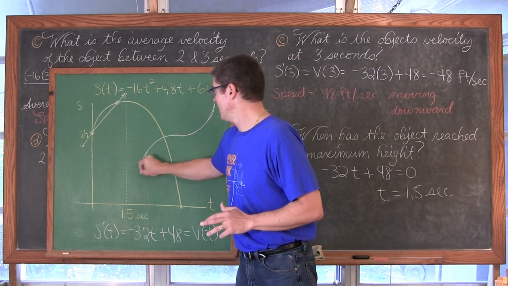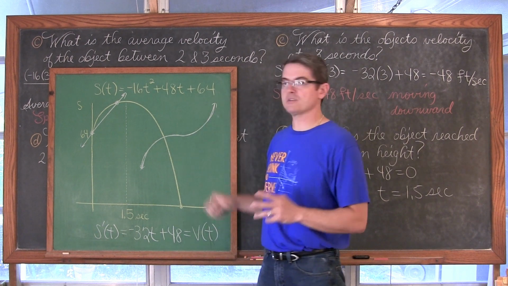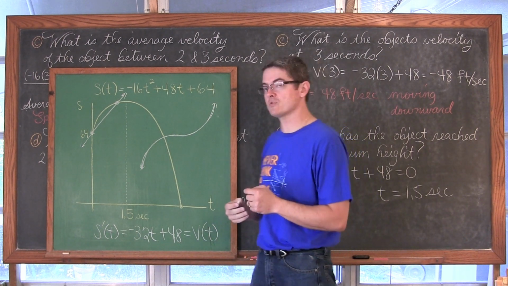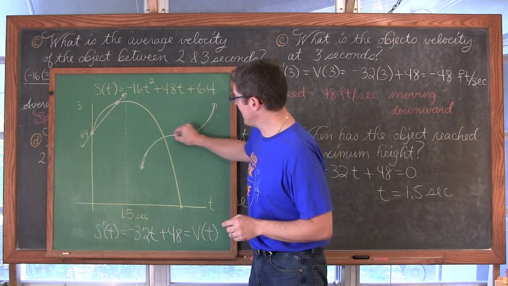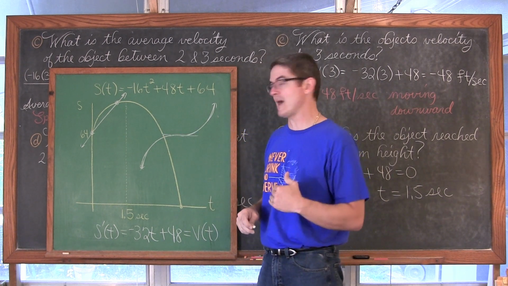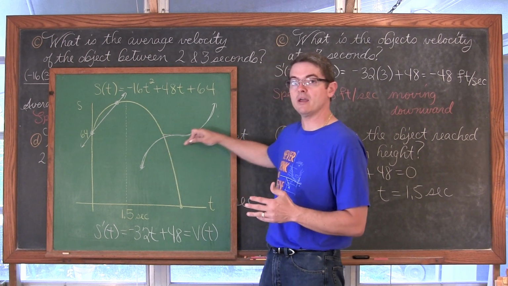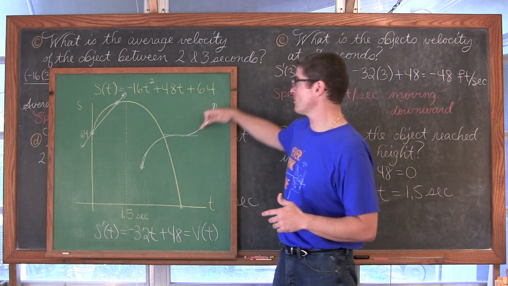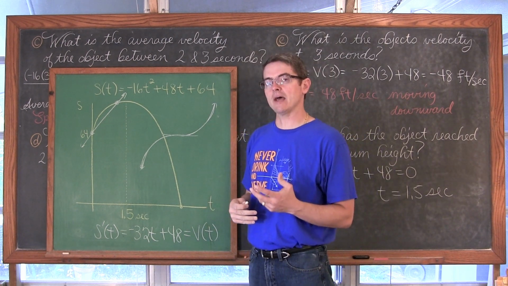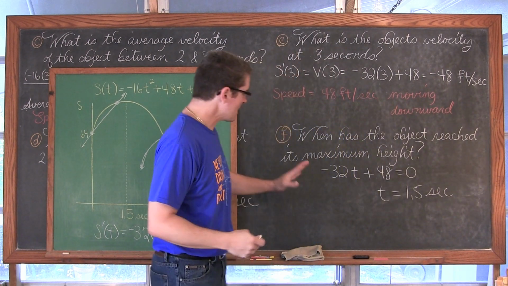We'll be talking more about this later in a section within this chapter called the first derivative test. Just because you have a slope of 0 doesn't necessarily mean that you're going to have a relative max or min, because the graph could just be taking a break and then in this case start to rise again. Well, we're talking about a free-falling object, so we know that's not going to happen.